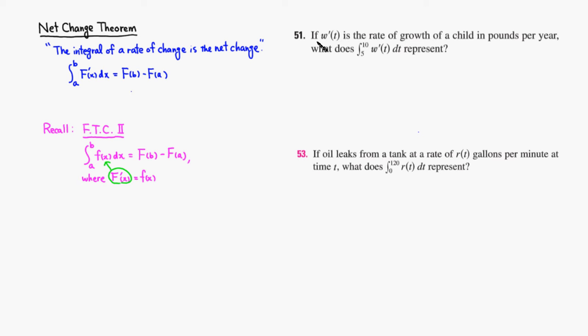So if W prime of t is the rate of growth of a child in pounds per year, this is the rate of change of the child's weight in pounds per year.